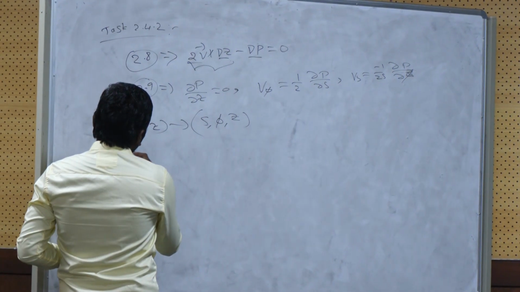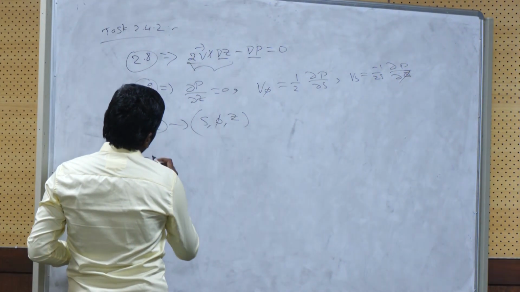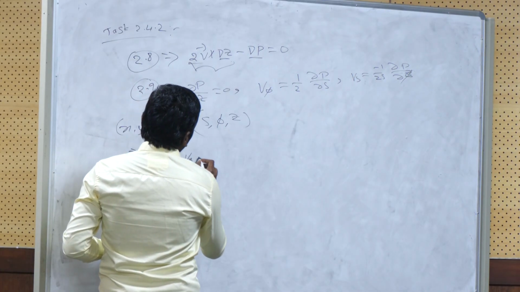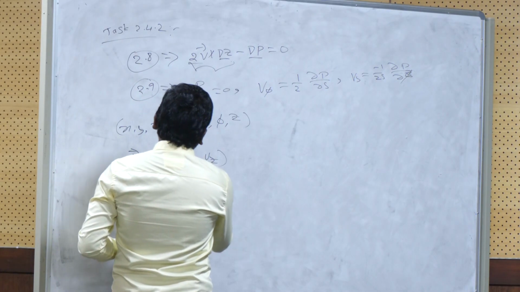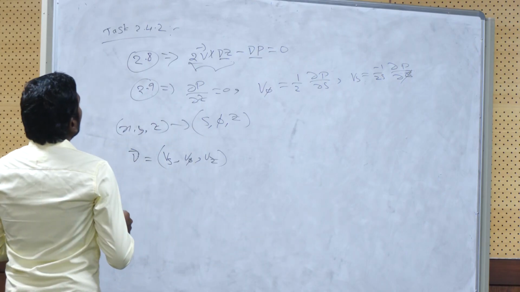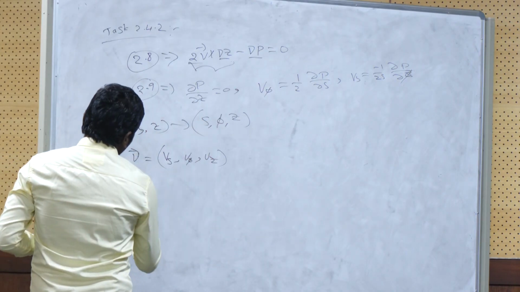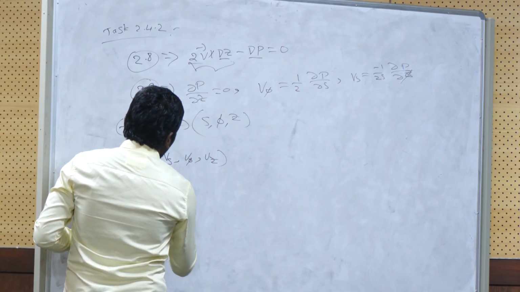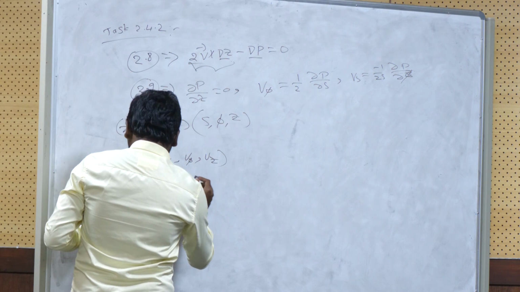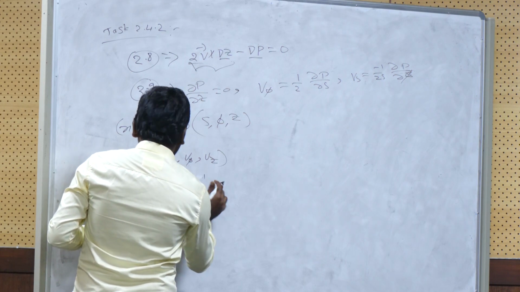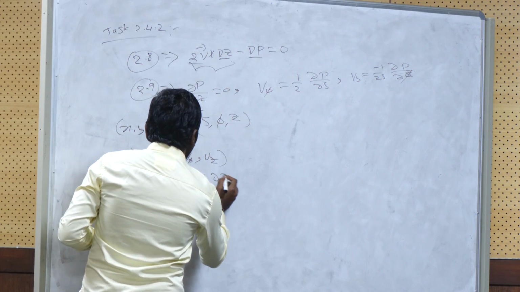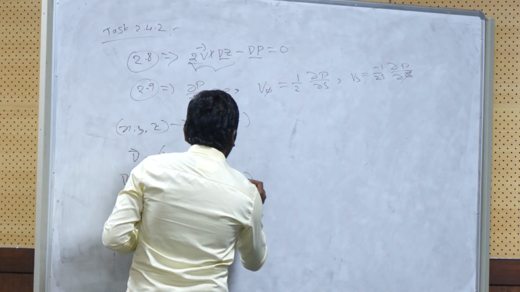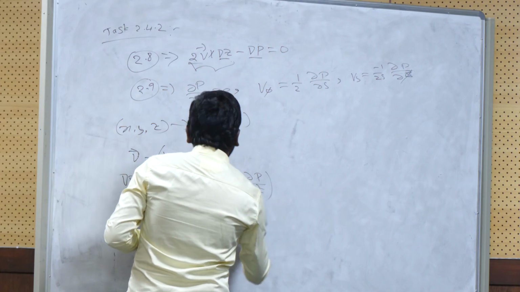So the vector v in cylindrical coordinates is given by vs, v phi, vz, and the gradient of p is given by del p by del s, comma, 1 by s del p by del phi, comma, del p by del z.